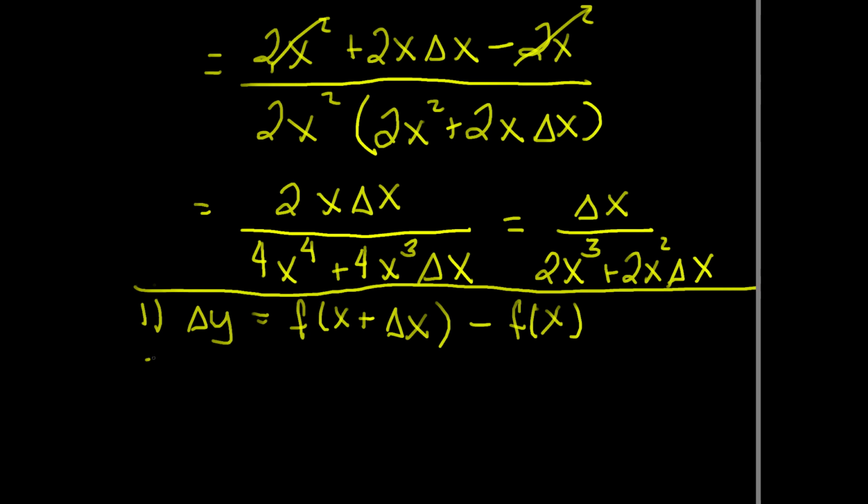2, we compute f prime of x. So f prime of x, we'll get some more tools on how to derive the derivative in the next few sections, but right now we're doing everything based on the formal definition. So it is the standard part of the change in y over the change in x.